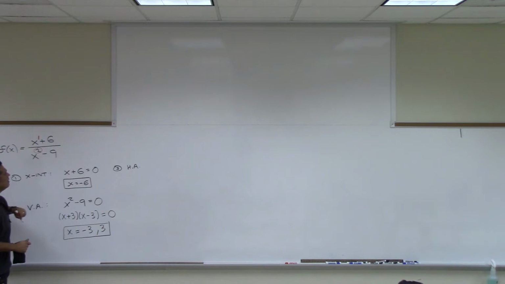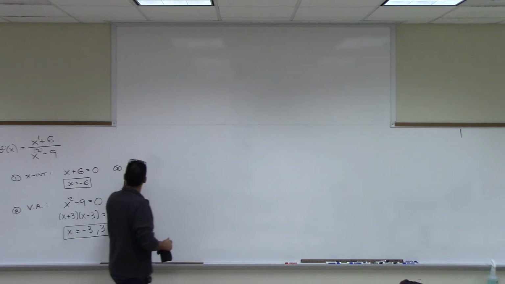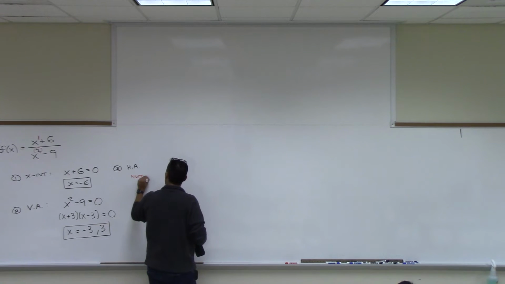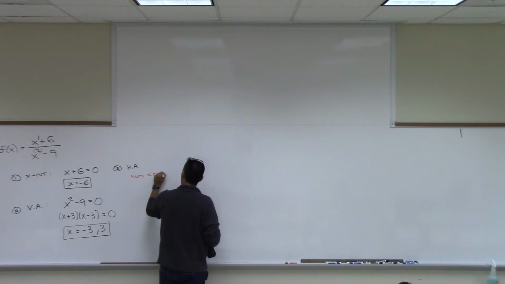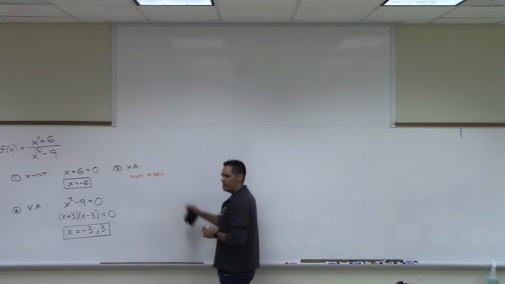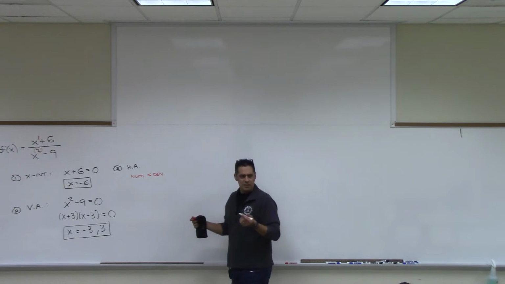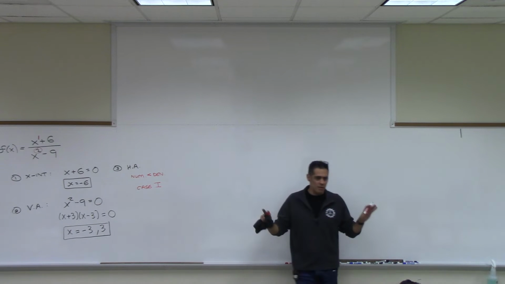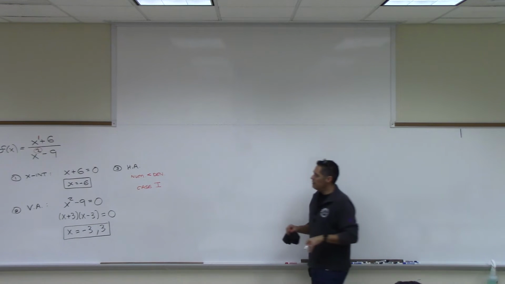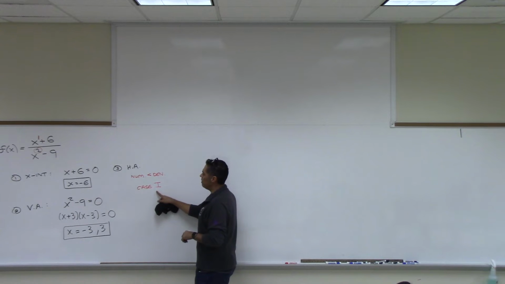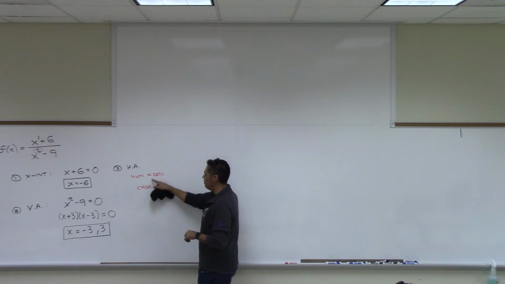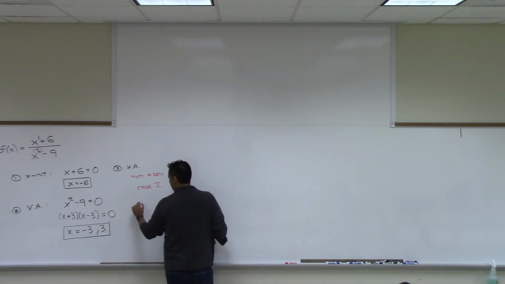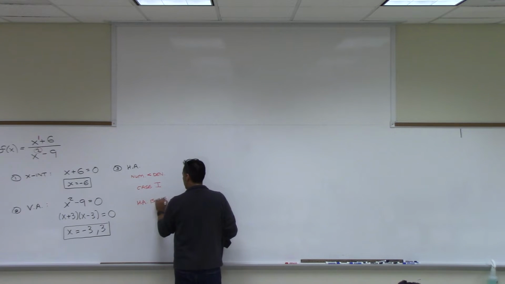Okay, in that case, the numerator degree is smaller than the denominator's degree. And what case was this? I gave you 3 cases, right? This was case 1. I have not done case 2 or case 3 yet. That's what today is about. So this is case 1. What does case 1 tell you when you have numerator degree smaller than denominator? What's your horizontal asymptote? Horizontal asymptote is y equals 0.